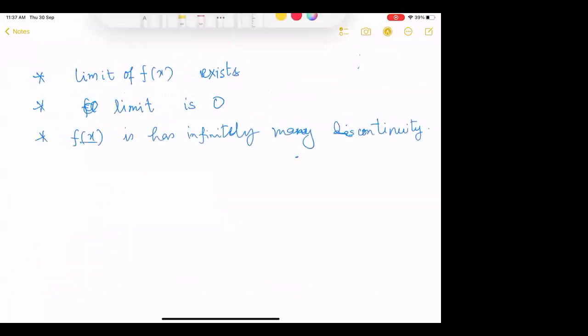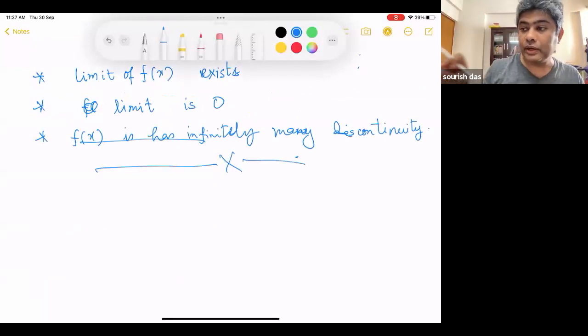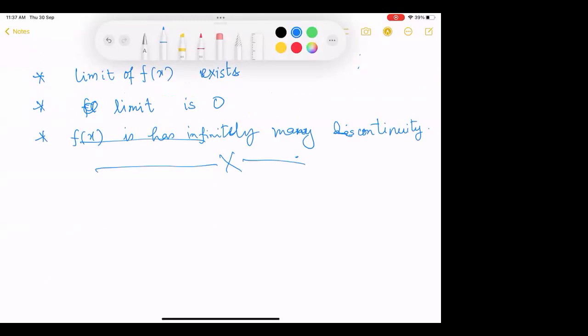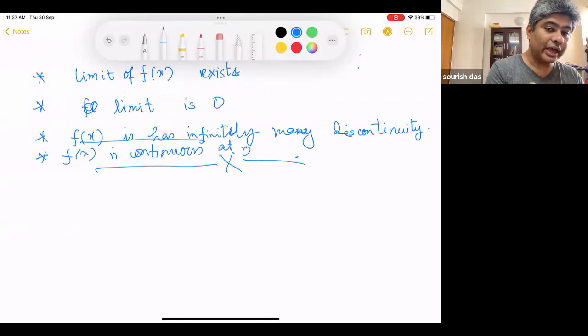But sir, the function is continuous at 0, right? Yes, this is the fourth point. f of x is continuous at 0. So at 0 it is continuous, and everywhere else it is discontinuous.